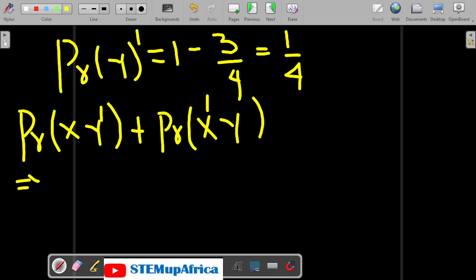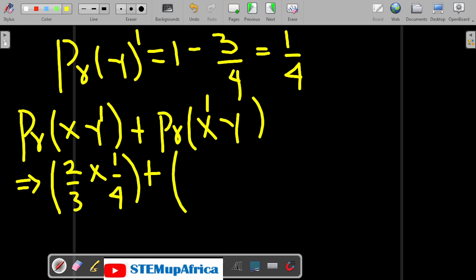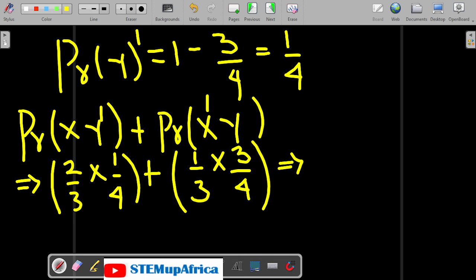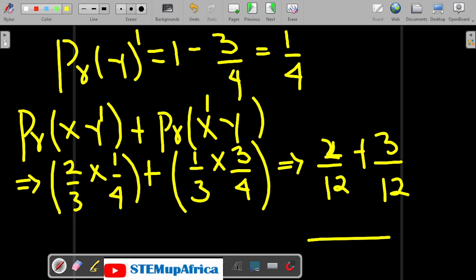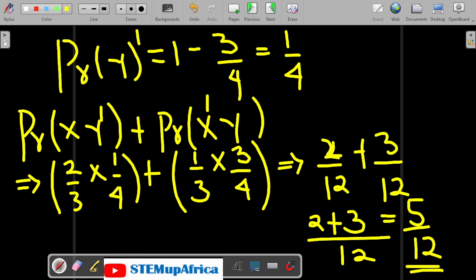So X qualifying is 2/3 times Y failing to qualify 1/4, plus X failing to qualify 1/3 times Y qualifying 3/4. This will give us 2/12 plus 3/12. My LCM is 12, so 2 plus 3, the answer is 5/12. That is the solution to Roman figure 1.